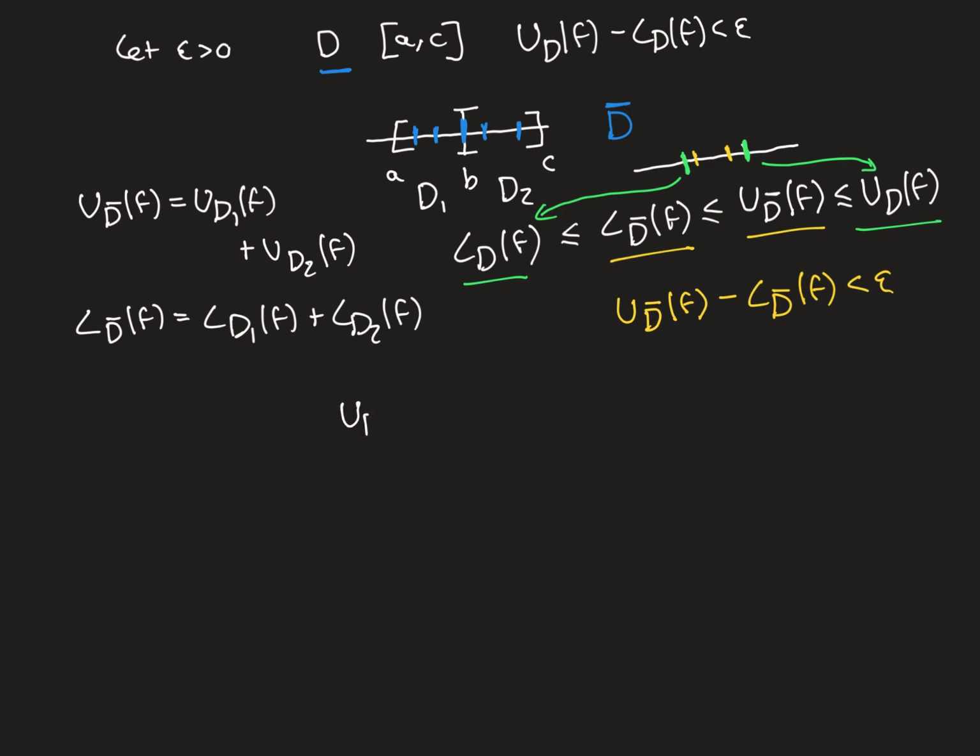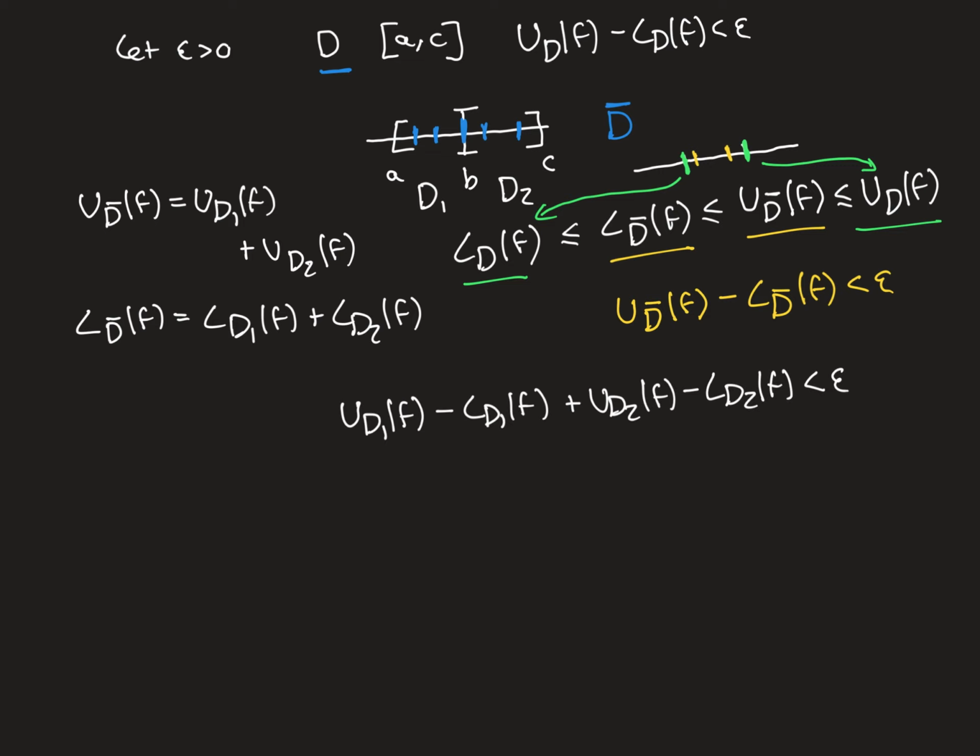So we get the upper Riemann sum over D1 of F minus the lower Riemann sum over D1 of F, plus the upper Riemann sum over D2 of F minus the lower Riemann sum over D2 of F, is less than epsilon. I just substituted in this for this and this for this, and then collected the terms where we're talking about sums over the same interval with the same dissection.